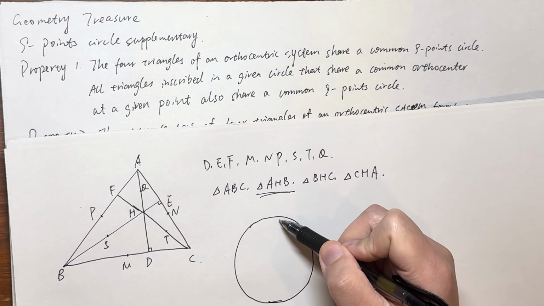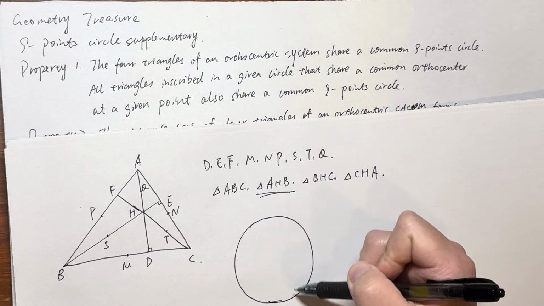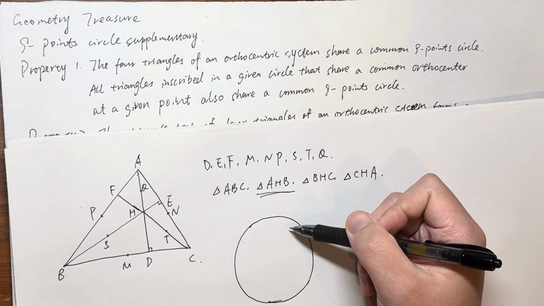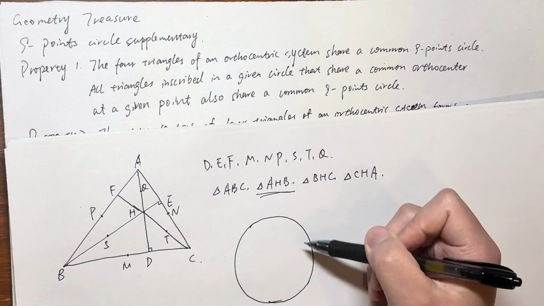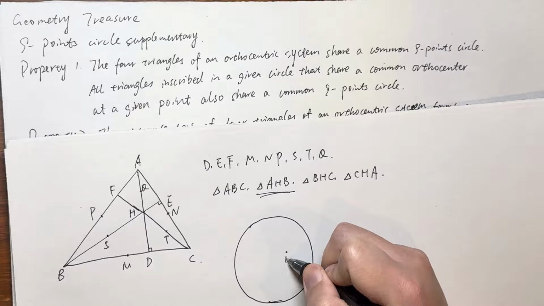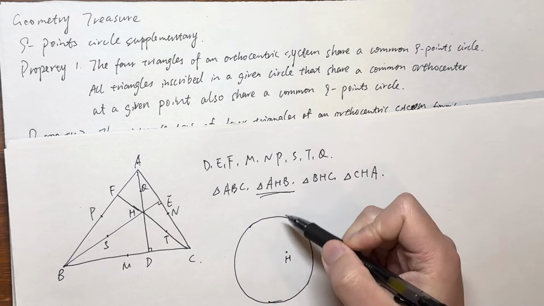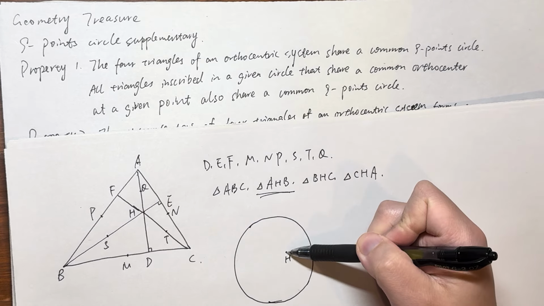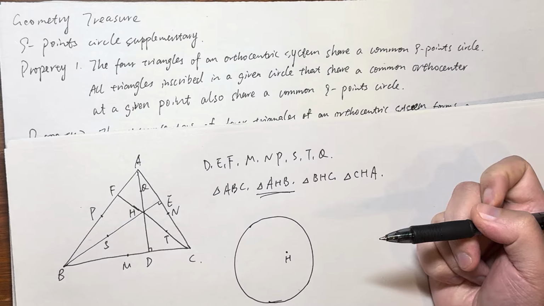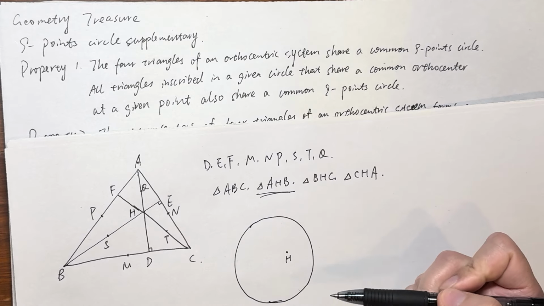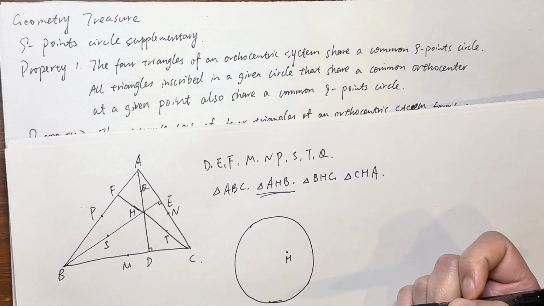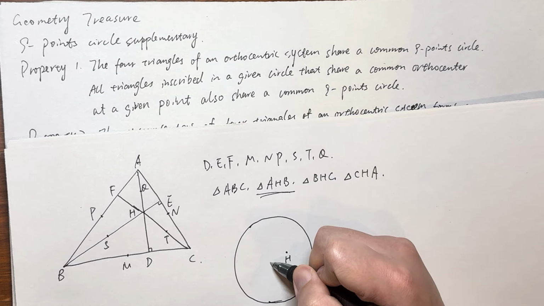And we say that any triangles inscribed in this circle, let's say we find a point here, we call it H, all of the inscribed triangles that have H as their orthocenter, then all of these triangles share the same 9-point circle. It's very easy to prove.